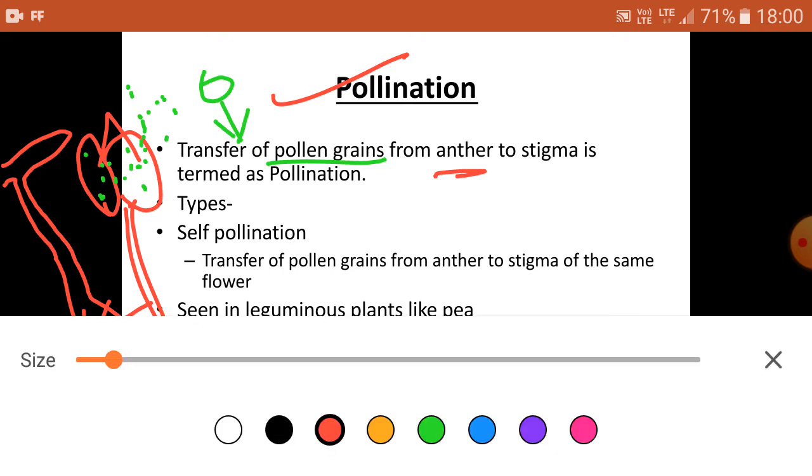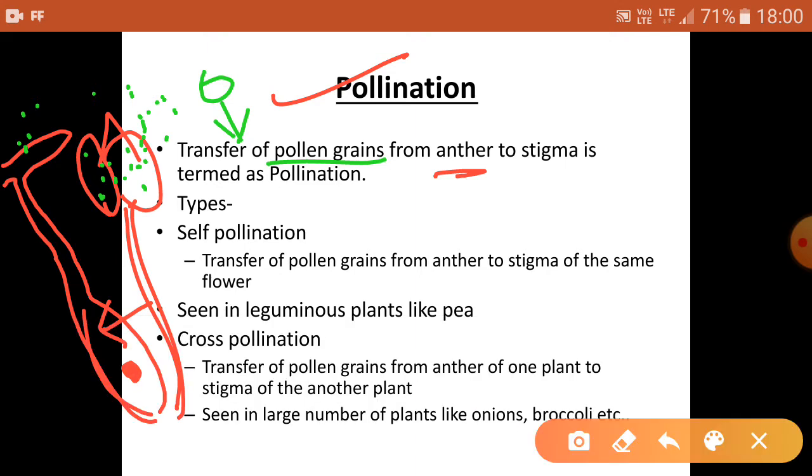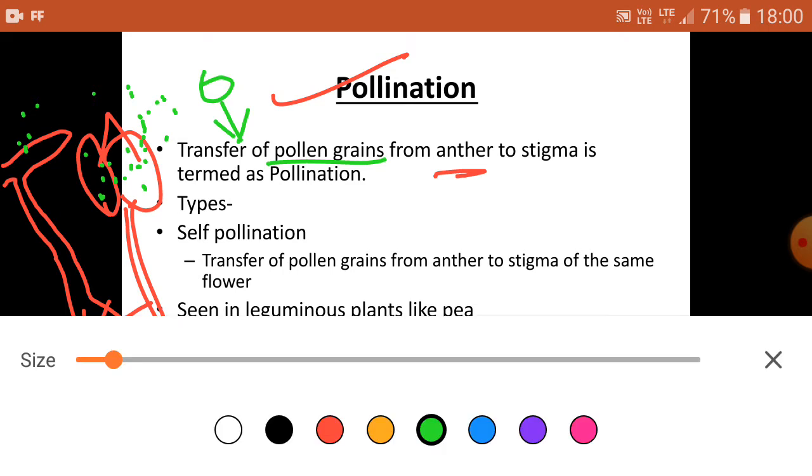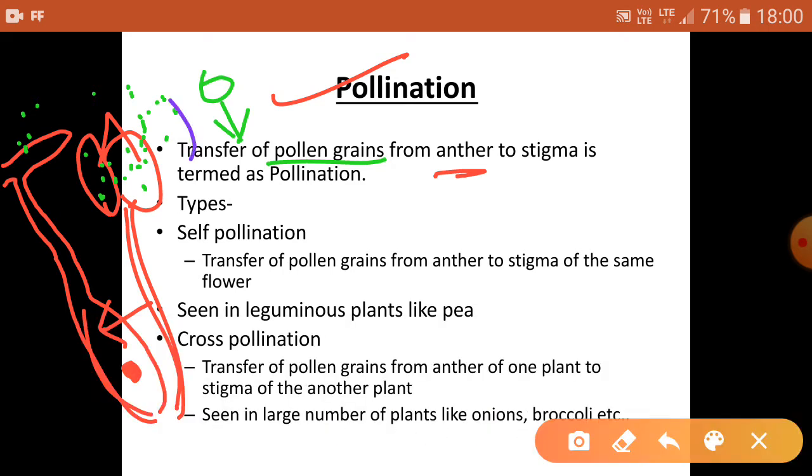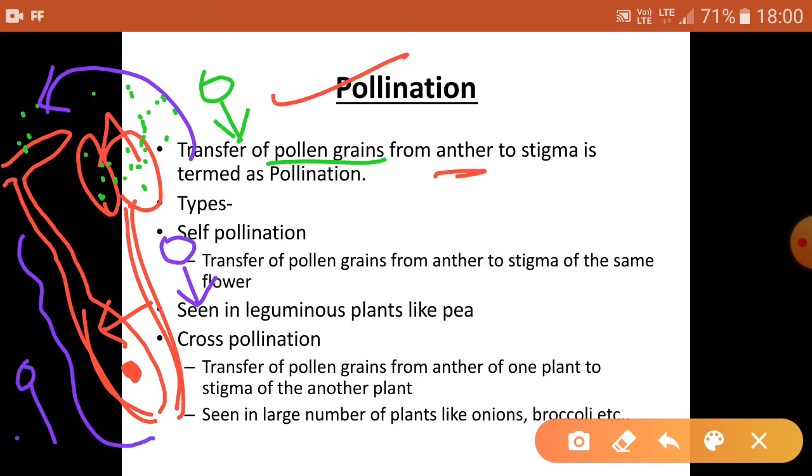These pollen grains fall on the stigma, and this is how pollination takes place. So, pollination is nothing but the transfer of pollen grains from anther to stigma. The anther is the male reproductive part, and the carpel or pistil is known as the female reproductive part.